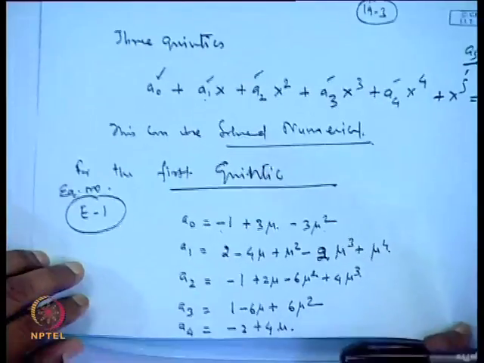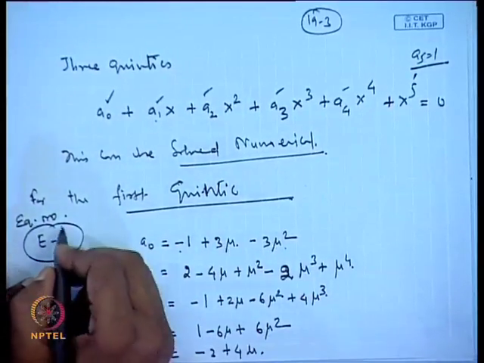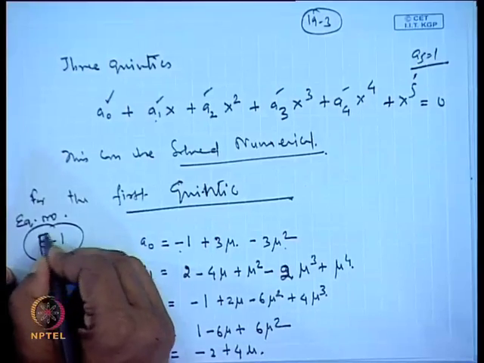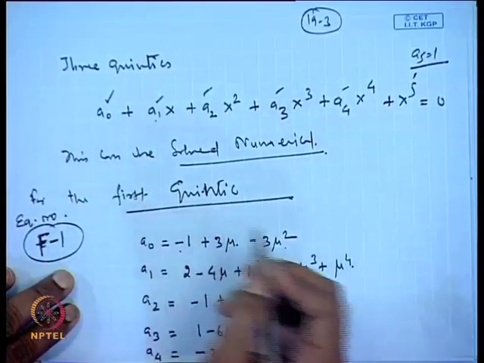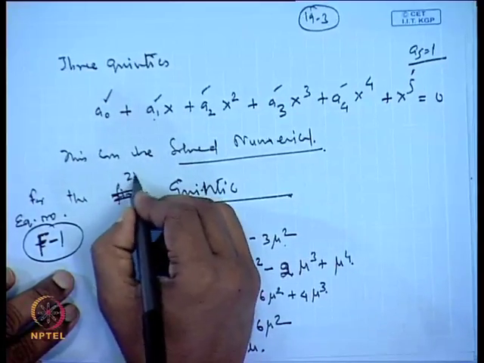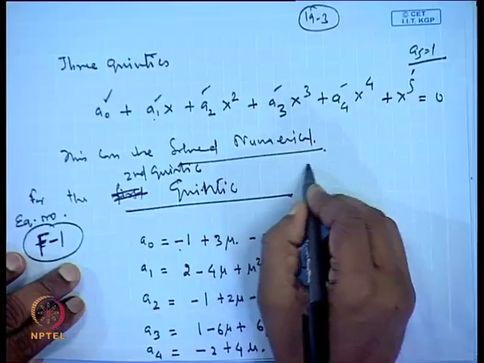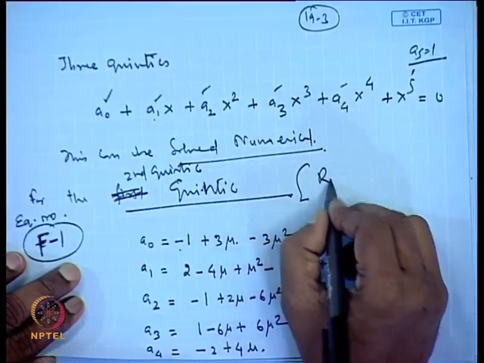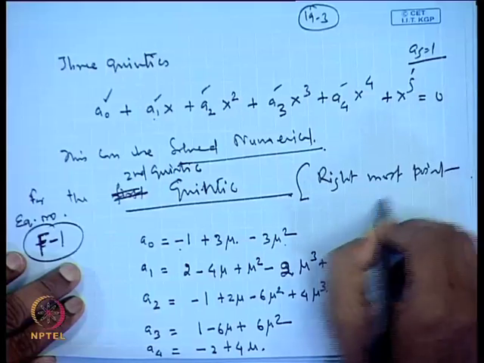This is the second quintic, and it is for the rightmost point, which is L 2.